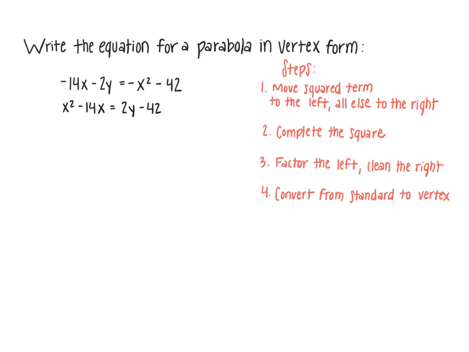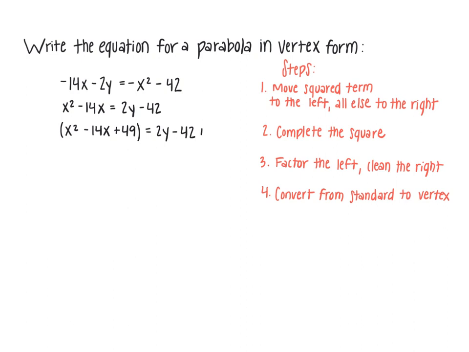And then the next step is, of course, complete the square. x is the one that I'm going to complete the square for, because that's the only squared term. So that gives me x squared minus 14x plus 49, because remember, 14 divided by 2 is 7, and 7 squared is 49. And this is all equal to 2y minus 42.